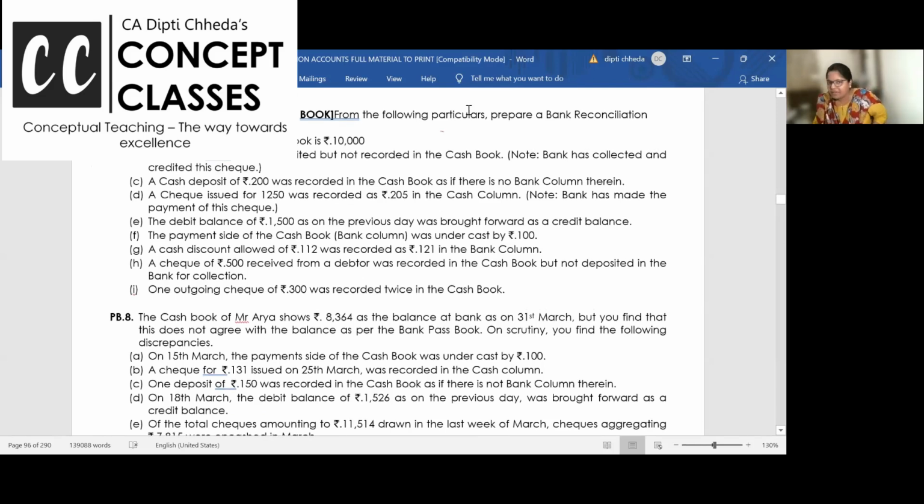See, if there are some errors in our book, we need to rectify. So one way is not recorded, recorded. Wrong debited, credited. Wrong amount debited, then also rectify. Cash deposit was 200 was recorded in the cash book as if no bank column was there. So you should have debited the bank column. Check issued of 1250 recorded as 205. So the difference now you record it and so on. 9th problem for rectifying all the mistakes.